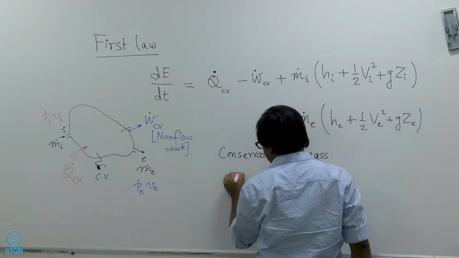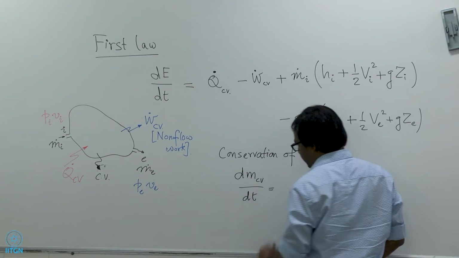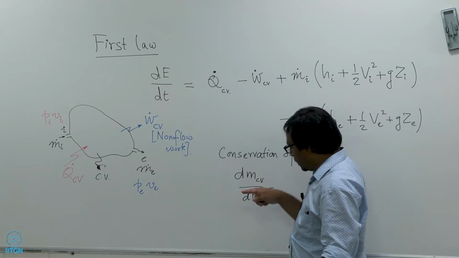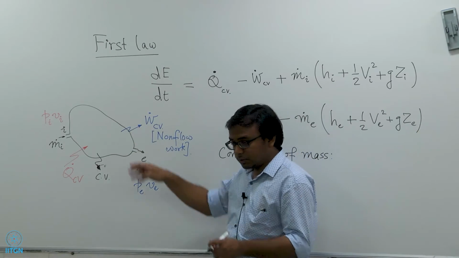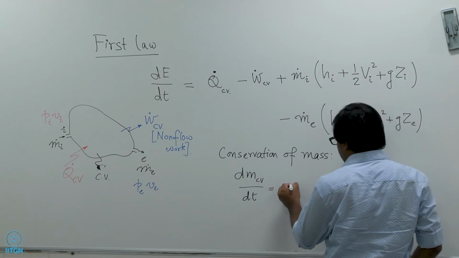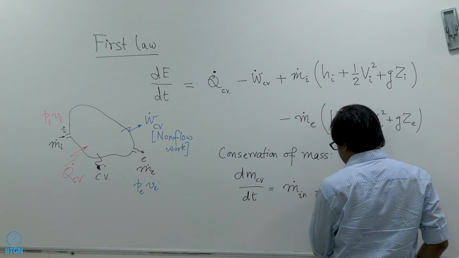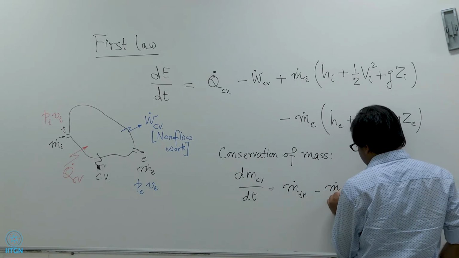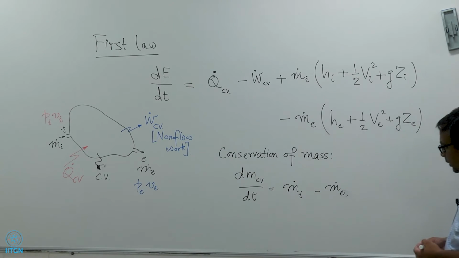Which is dmCV/dt. This is the rate of change of mass of the stuff inside the control volume. Again I will repeat, this is the rate of change of mass of the stuff that is inside the control volume, and that is equal to the rate at which fluid is flowing in, m dot in minus m dot out, or m dot exit, m dot e we will write in short, m dot i minus m dot e.